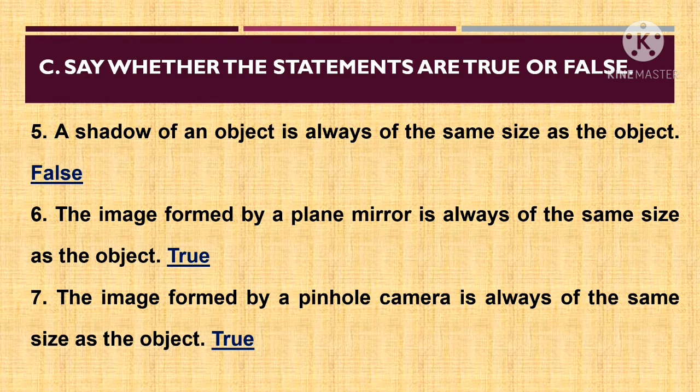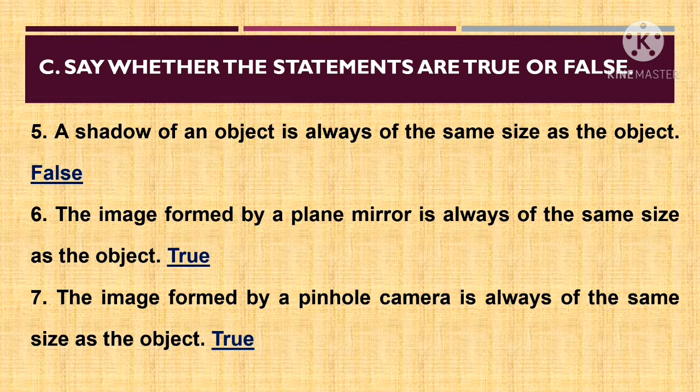Question 5. A shadow of an object is always of the same size as the object. Answer: false. The correct statement is: an image of an object is always of the same size as the object. Question 6. The image formed by a plane mirror is always of the same size as the object.